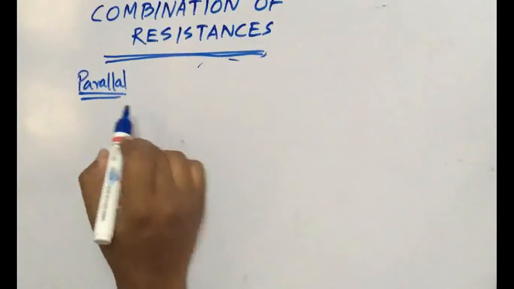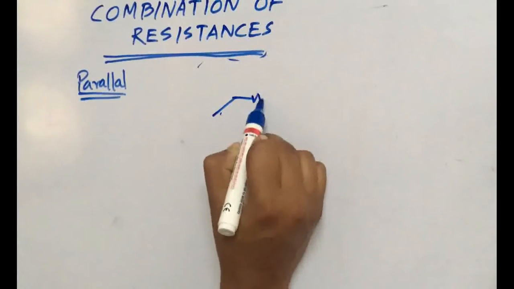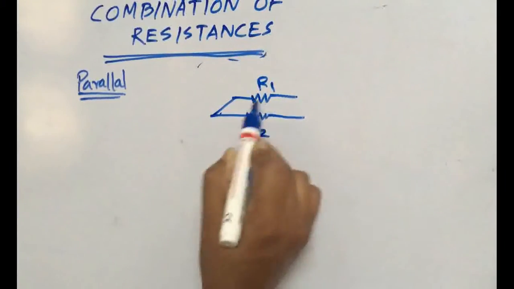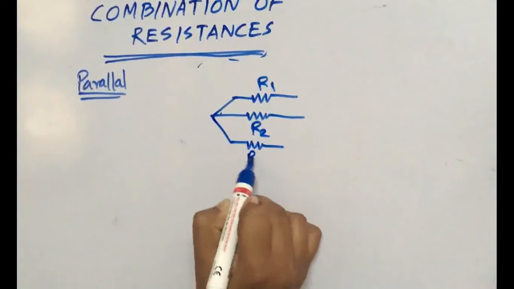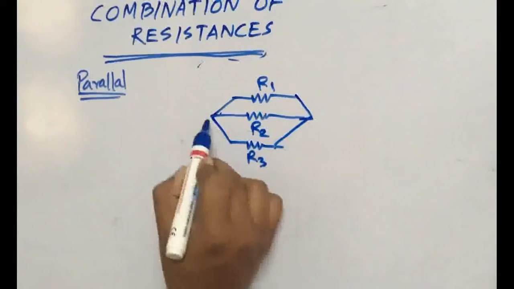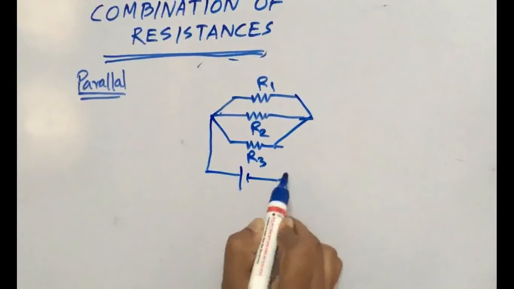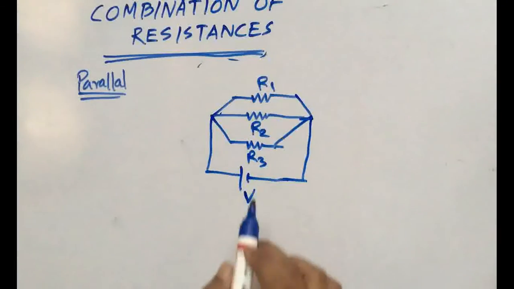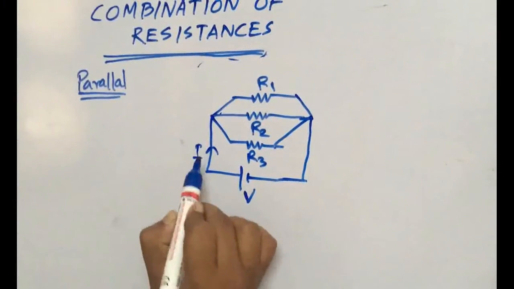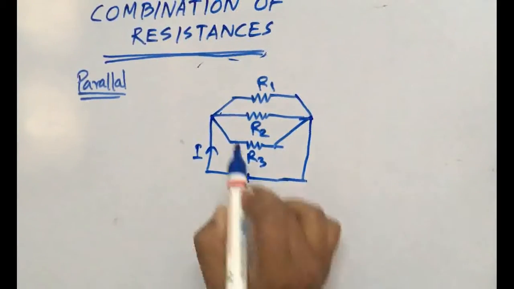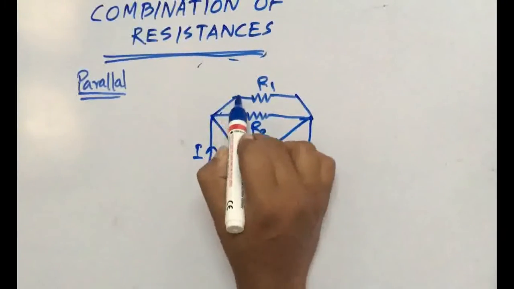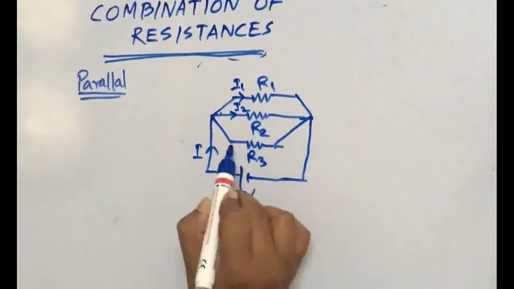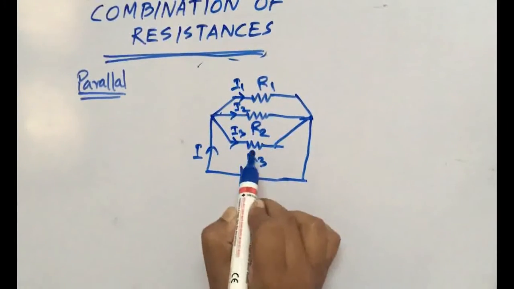Now see the parallel combination. I will take 3 resistances as in the earlier case, R1, R2 and R3, and apply a potential V across all these 3. These 3 are in parallel combination. If current I flows from the potential source, it will divide into 3 parts: I1 through R1, I2 through R2 and I3 through R3.